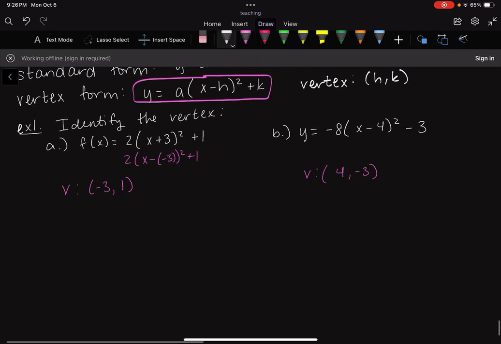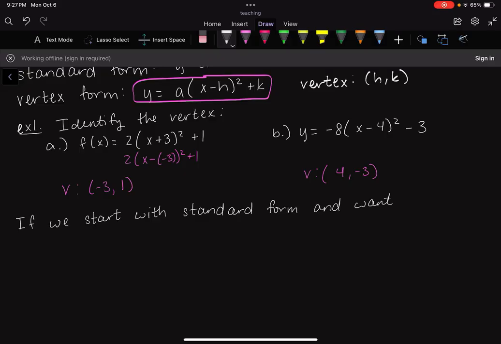So that's just looking at vertex form. Now, if we start with standard form and we want vertex form, we need to complete the square.